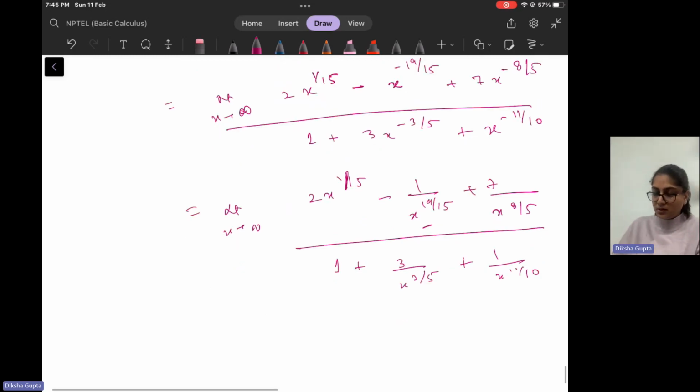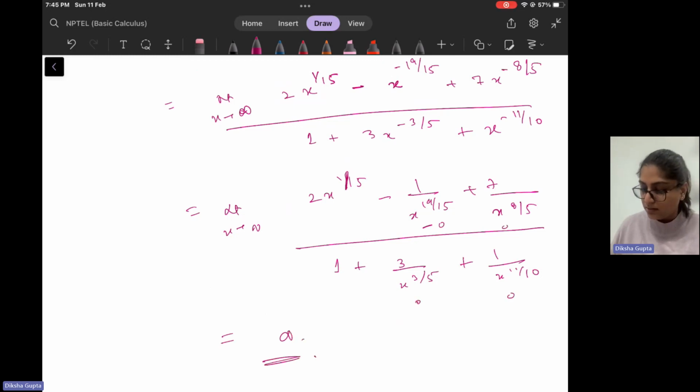So the terms will be 0, and 2x to the 1 by 15, a positive power at infinity, will be infinity.